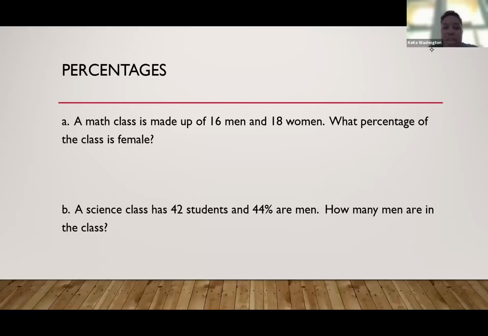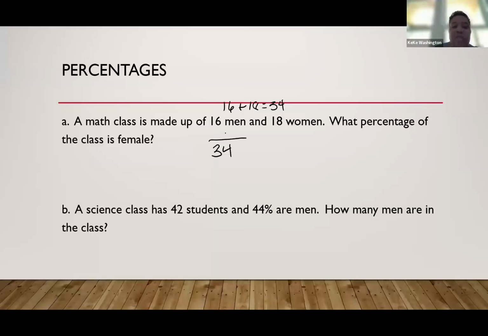All right, so we have a math class made up of 16 men and 18 women. What percentage of the class is female? We have 34 in the class; 16 plus 18 gives us 34 students total.